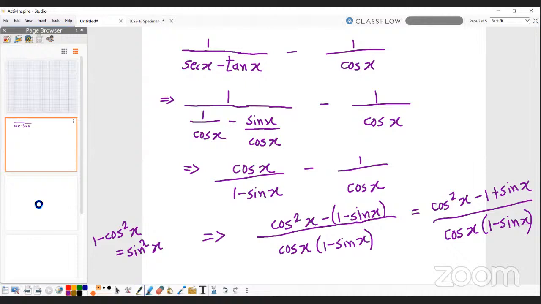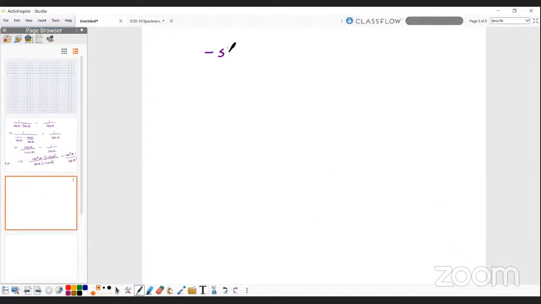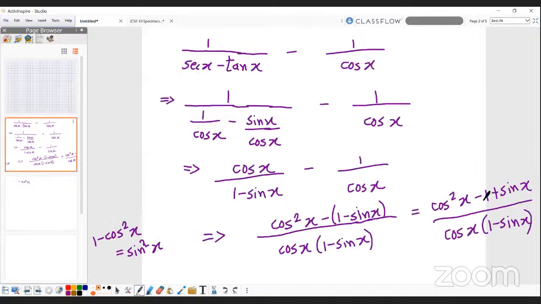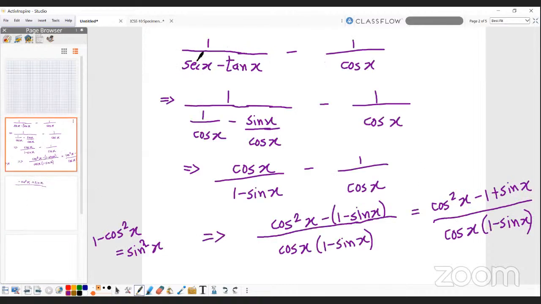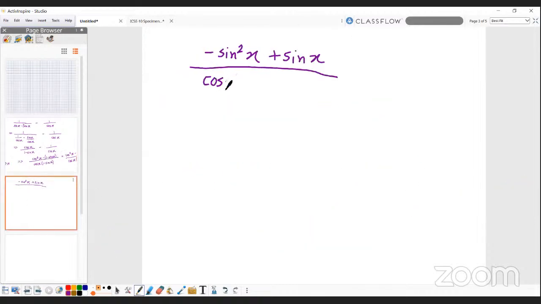So the next step will be minus sin square x plus sin x, and the denominator was cos x into 1 minus sin x.